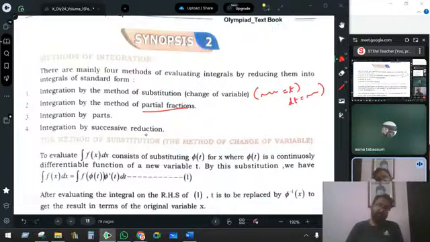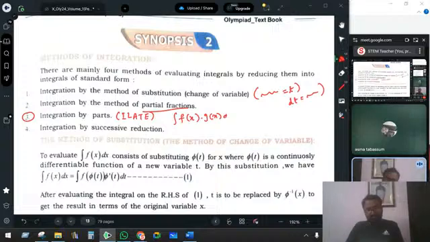By parts is most important; here you will see the ILATE formula, in the form of the UV method, integration of f of x into g of x dx. Which function has to be chosen as f of x first? The other will be g. The order is inverse, logarithmic, algebraic, trigonometry, exponential, and we have to consider it accordingly.